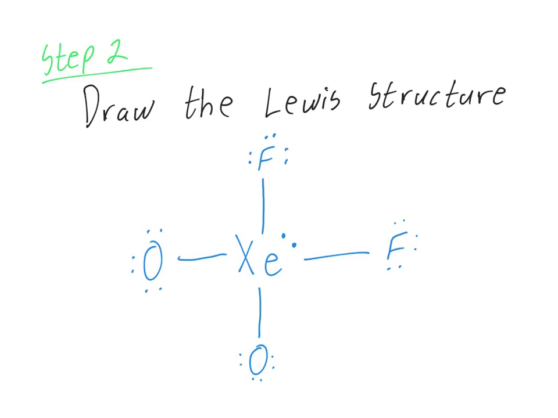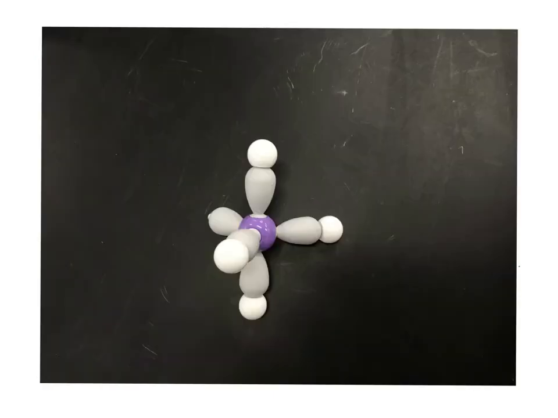Since we have the Lewis structure, we want to look at a model to help us determine the shape for our VSEPR, which is step 3. Here's the model of the compound, and as you can see here, there's a lone pair.